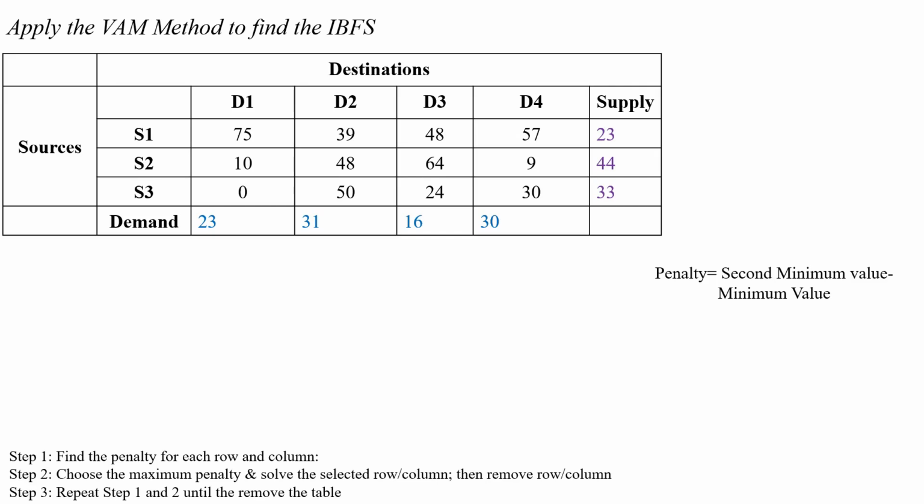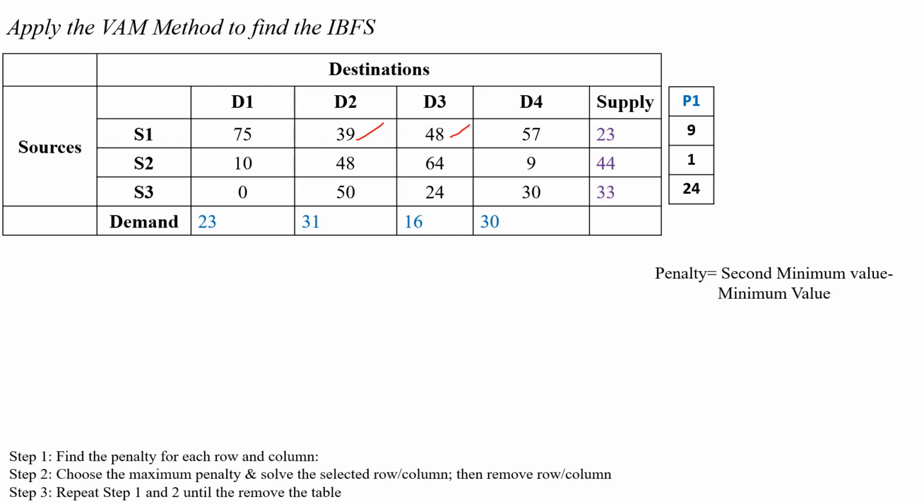Here penalty is the second minimum value minus the minimum value. So first we calculate the penalty for the rows. In the first row the minimum value is 39 and the next minimum value is 48. So the penalty is 48 minus 39, which is equal to 9.